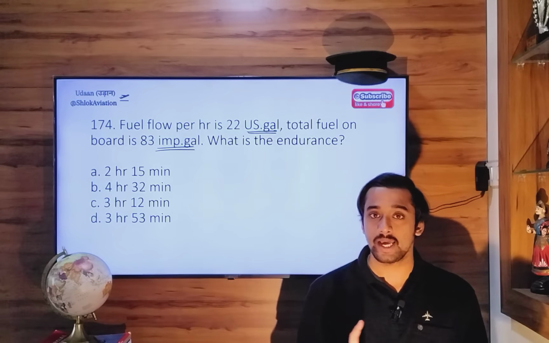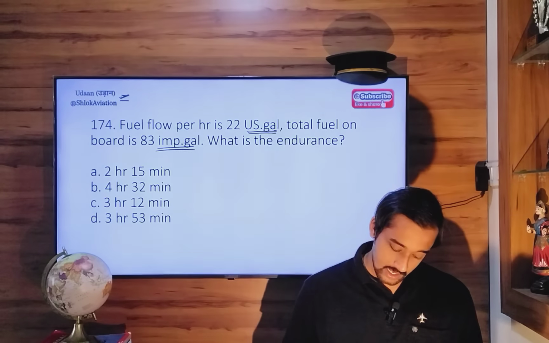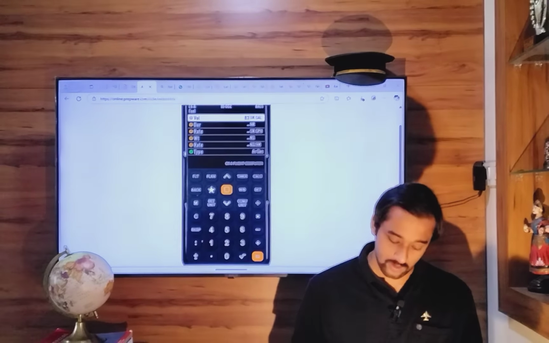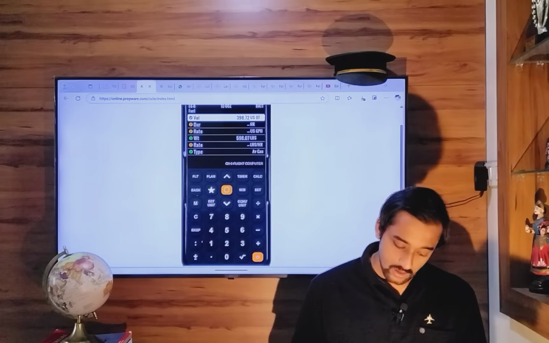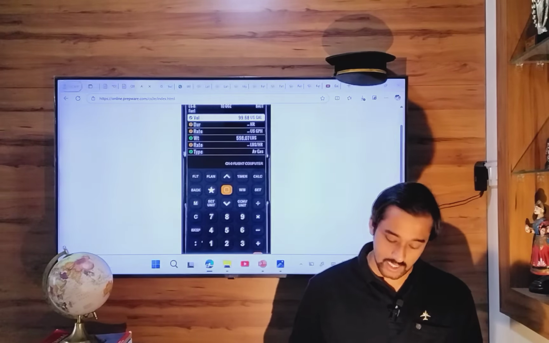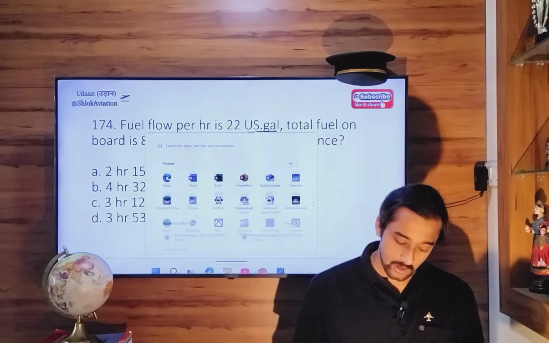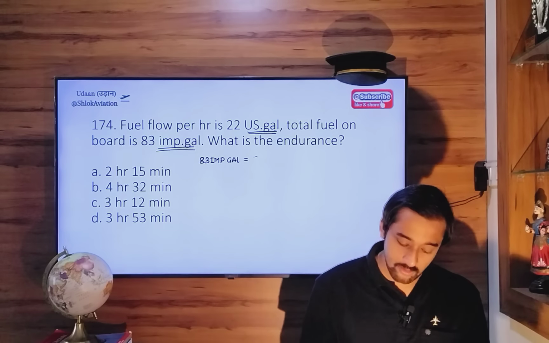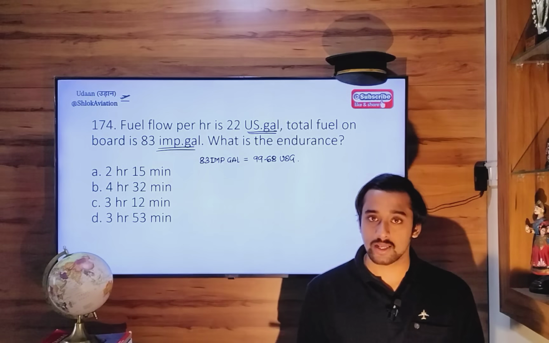So convert imperial gallons into US gallons. 83 imperial gallons is equal to 99.68 US gallons.